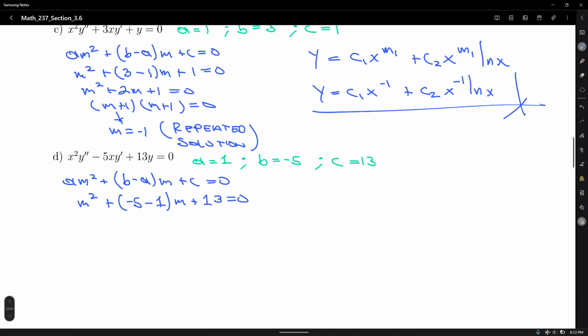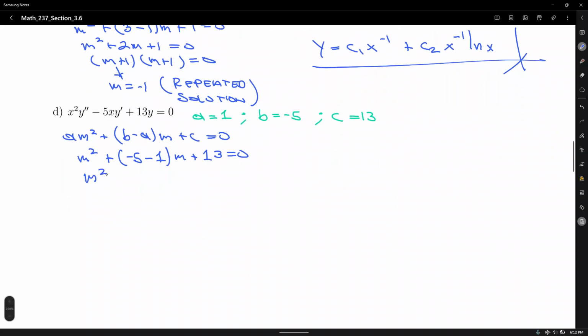Let that be equal to 0. So simplifying this, m squared minus 6m plus 13. Let that be equal to 0.